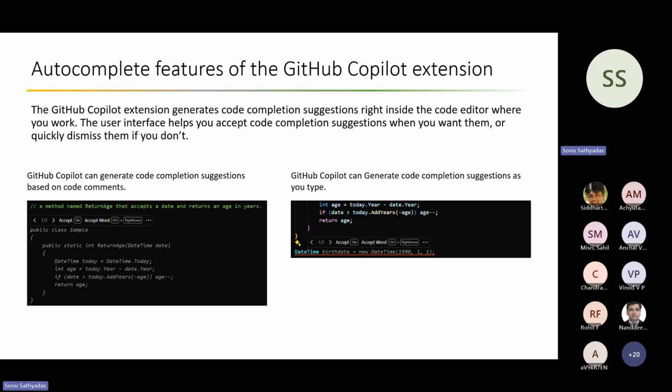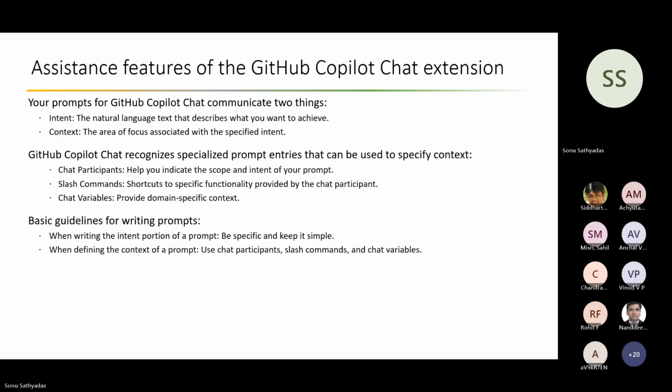That's autocomplete. But yes, if you are using this Copilot, some of the key points to keep in mind is how to interact with the Copilot. First of all, we will be using the prompt, because it's obviously a generative AI solution.